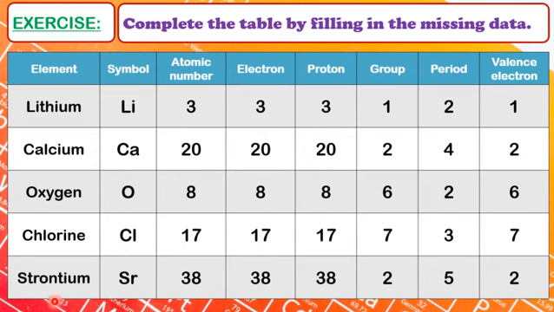And the last one is the strontium, which is represented by capital S and small r, having 38 electrons and 38 protons because the atomic number is also 38. It belongs to column 2, that's why it can be said that it belongs to group 2 also, having 2 valence electrons. And row 5 is the location of strontium, meaning period number 5.